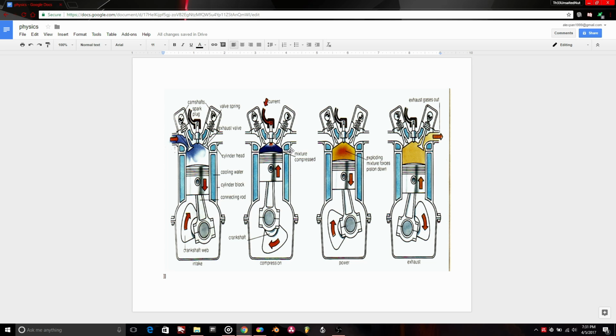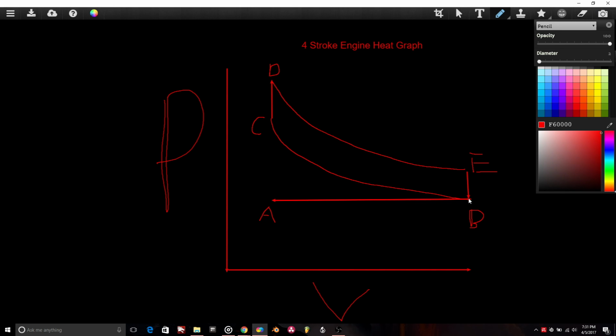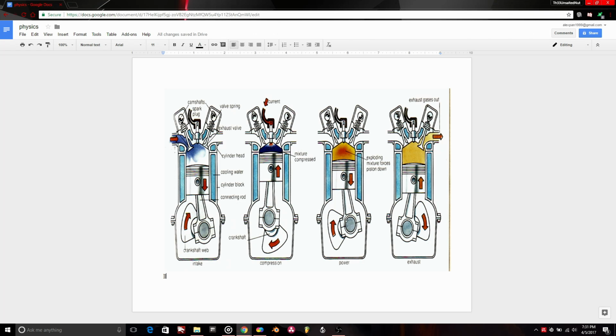The piston moves up to top dead center right here, which compresses the air-fuel mixture into a small confined area, which is why we see in the heat graph the volume decreases and the temperature stays the same because this is an isothermal process. So in this process, that's all it is, just compressing.